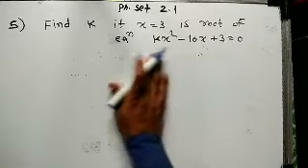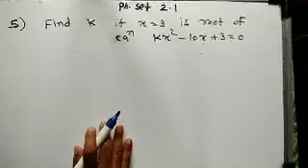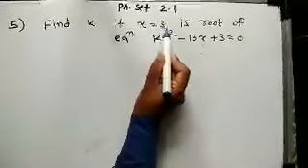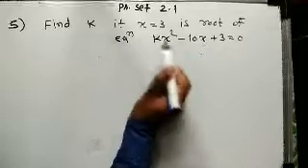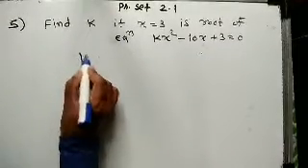This type of problem is for 2 marks. Here one root is given, that is x is equal to 3, and we have to find the value of k. Therefore, first write down the equation as it is.